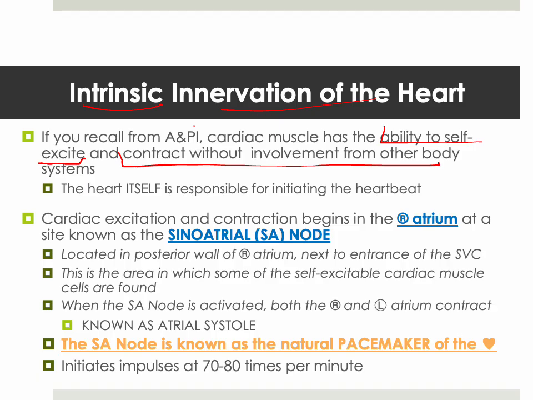So the first piece of this is located in the right atrium, and it's called the sinoatrial node. You will also be hearing it as the SA node, okay? Sinoatrial means in the atrium, okay?